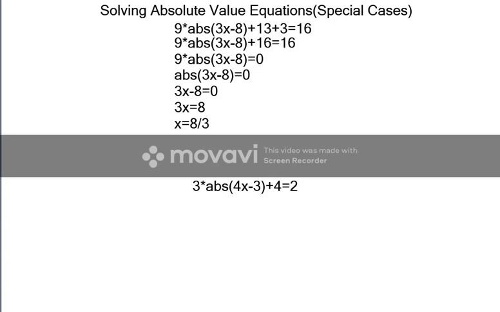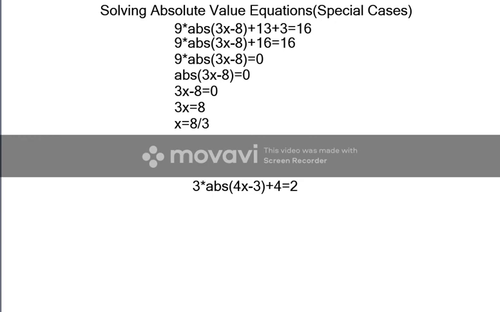For example, if this question was reworded into 3 times the absolute value of 4x minus 3 plus 4 equals negative 2, people will try to trick you, and questions will try to trick you, by saying that since the right side is negative, you should only have no solution. But no, you have the 3 and the 4, the other constants on the left side, that you must incorporate to the right side before you can make a judgment whether it's going to be one solution, two solutions, or no solution.